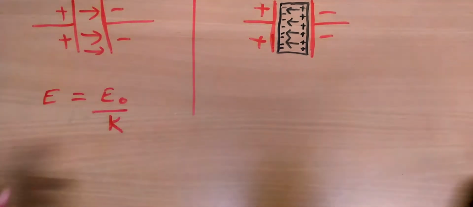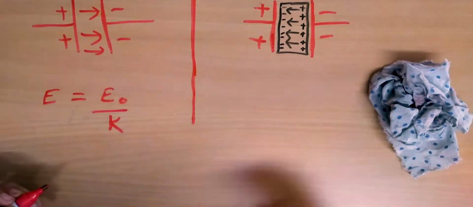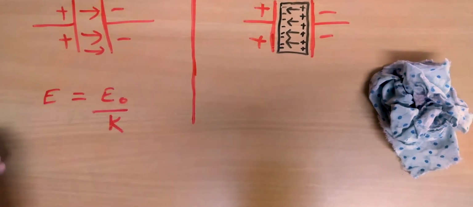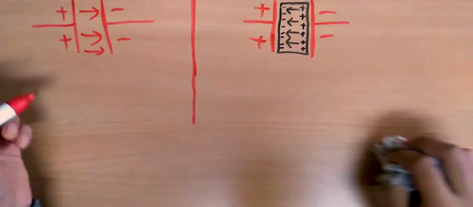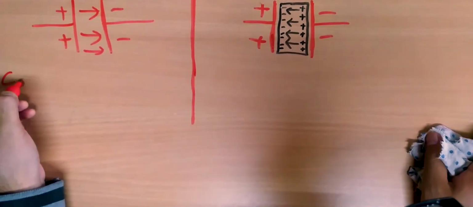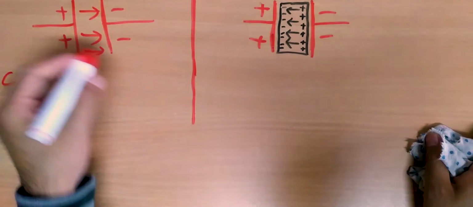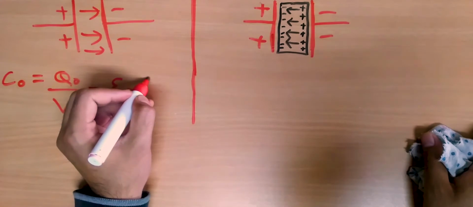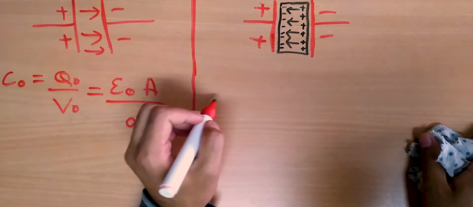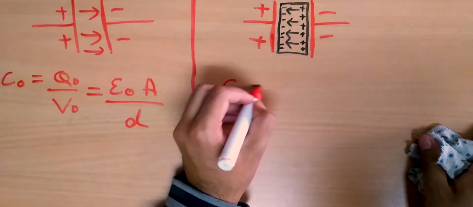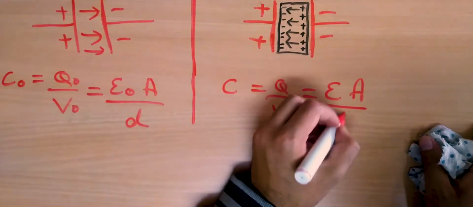And similarly, by following the same line of thought, I can also come up with other equations. If I have to write the equation for the capacitance in this case, that will be C naught equals the charge stored on this capacitor divided by the potential difference between the two plates, equals epsilon naught A upon D. And in this case the capacitance is C, some other capacitance, which equals Q upon V, which equals epsilon A upon D. What is this epsilon?